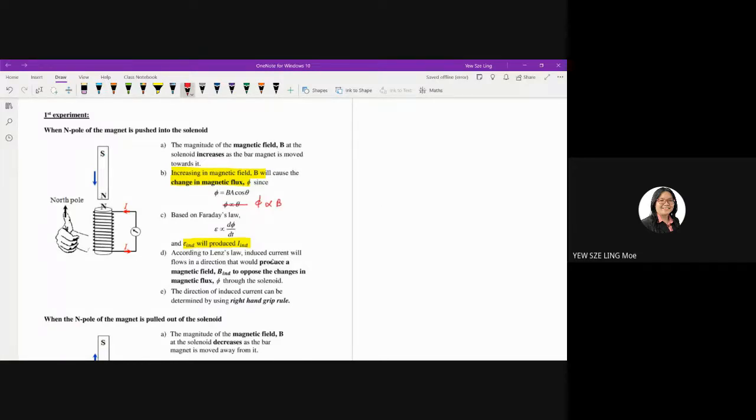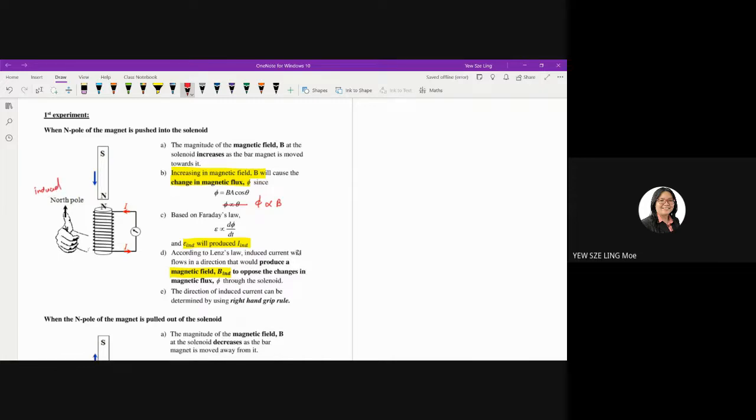According to Lenz's law, induced current will flow in a direction that will produce a B induced opposed to the change in the flux. Now, why is it important to know this statement? You need to know the direction of B induced in order to determine the direction of current flow. Because by using the right-hand grip rule, this north pole is the induced north pole.